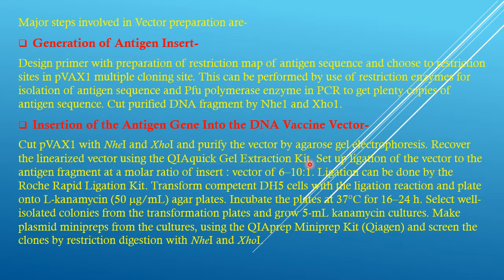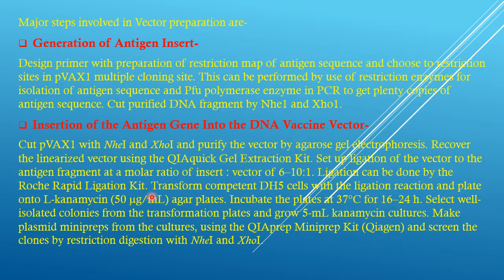As we cut this circular plasmid, it now becomes linear, and now we separate it and set up ligation of the vector to the antigen fragment, at a molar ratio of vector to insert of 6 to 10 to 1. Ligation can be done by the Roche rapid ligation kit.